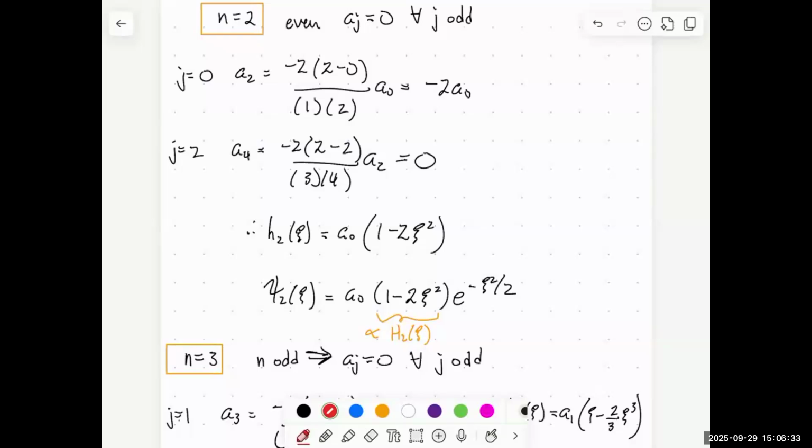We have minus 2z squared plus 1. So what's important is that the ratio of the coefficients are the same. It's a -2 ratio. There's just an overall scaling factor, which we could just absorb into this A0.